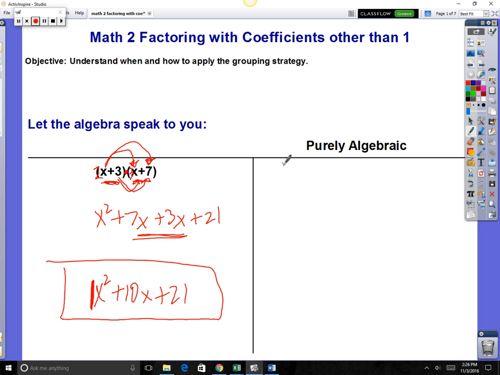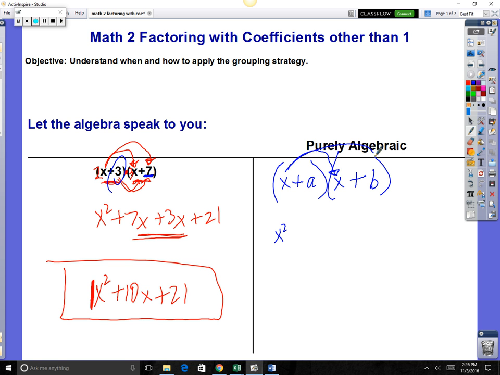So, algebraically, it's going to be x plus any number that you want. Let's say any number could be a. Then you're going to do x plus another, different number. I'm going to choose b. So now if I do x plus a times x plus b, x times x gives you the x squared.